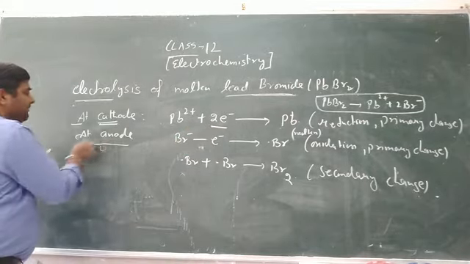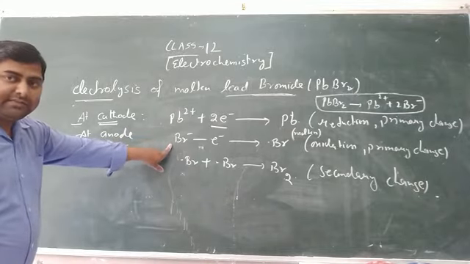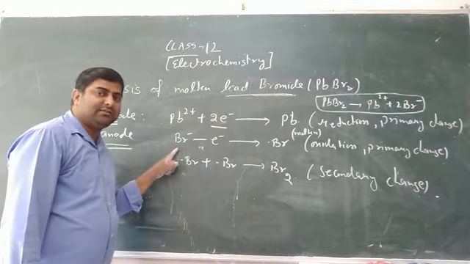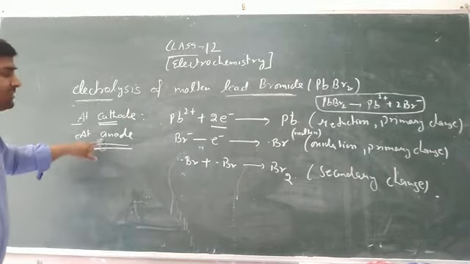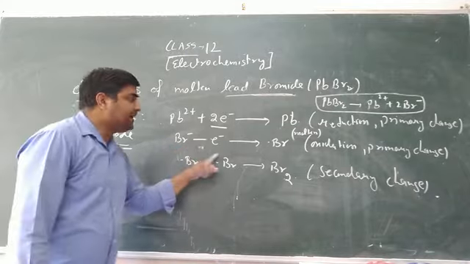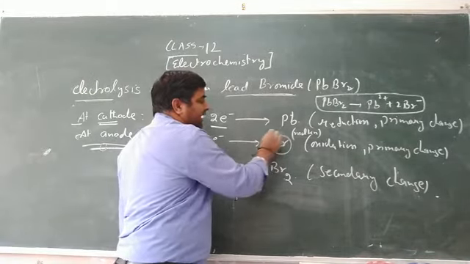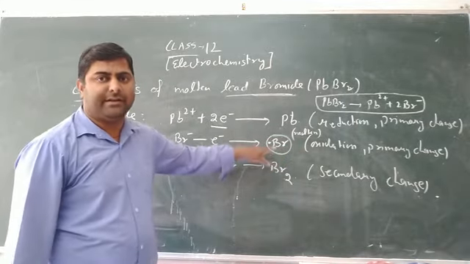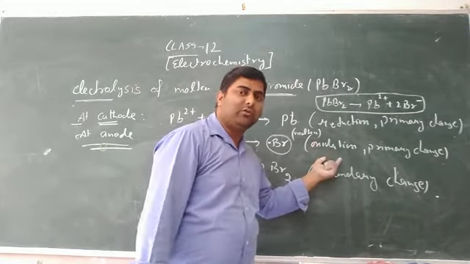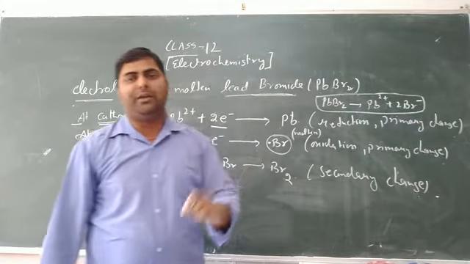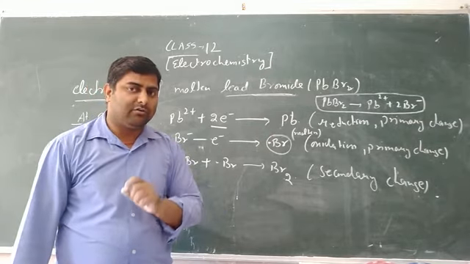Now the reaction which takes place at anode: bromide ions, since they are negatively charged, move towards the positive plate, that is anode, lose 1 electron, and get converted into bromine atom, that is a free radical. This is again oxidation, because bromide is losing an electron, and loss of electron is called oxidation.